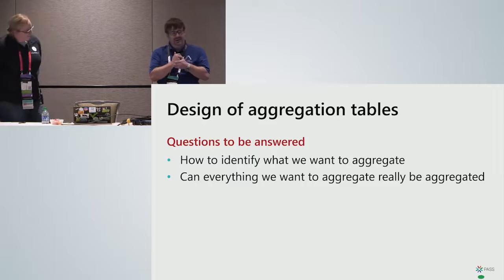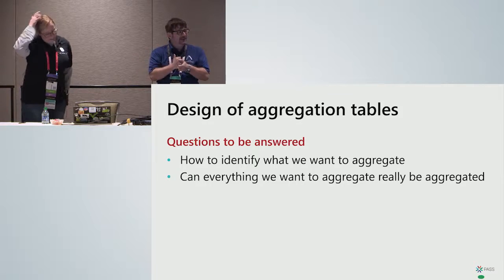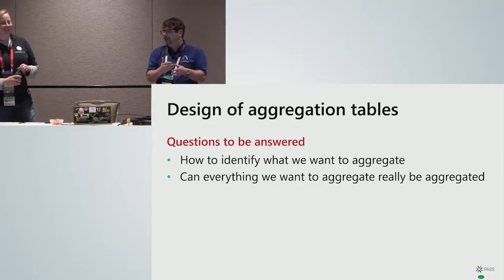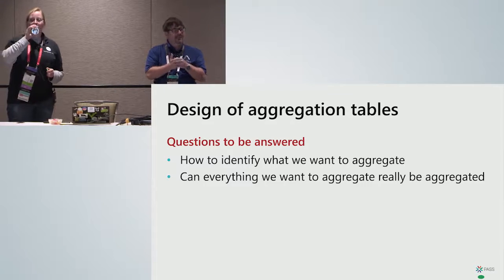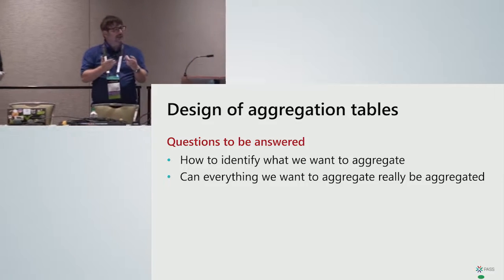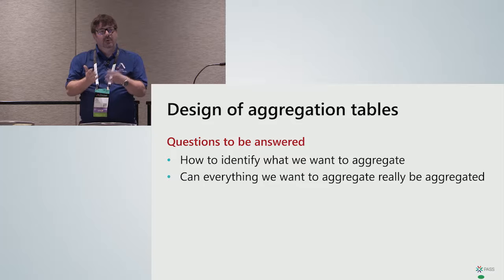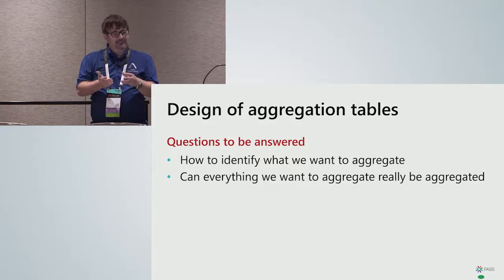So what Gabi already mentioned is, until now we have seen the fun part, and now comes the thinking part, or the more interesting part. We have to identify what we want to have aggregated. Maybe it's the most read data, or the data that is most used in our reports, our report pages.